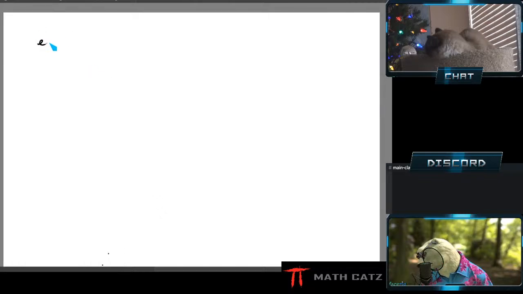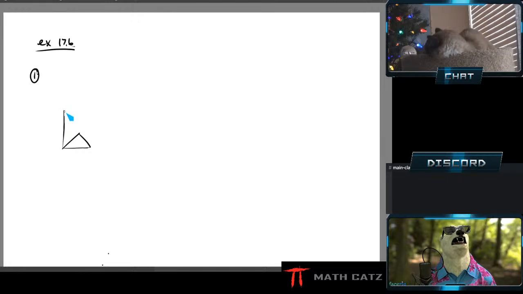So the first one in exercise 17.6, triangle out. They're not numbered, but I'm numbering them. Triangular prism with side length 2. Now, I'm not making the base super difficult. Height. Oh, they say it's regular. Okay, so let's not make it too high.